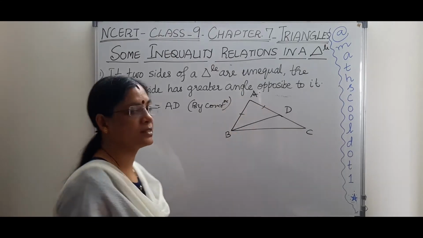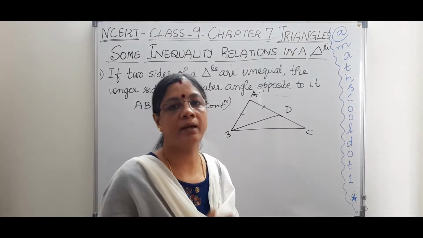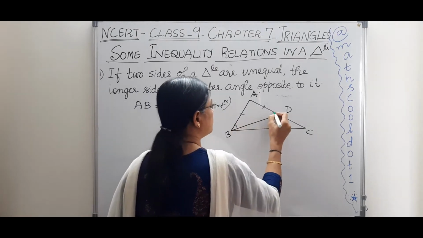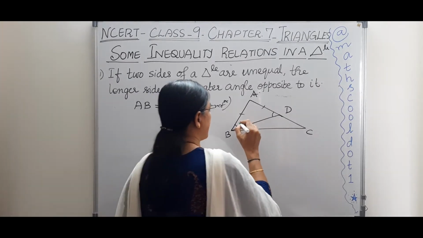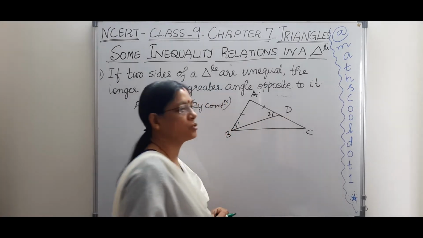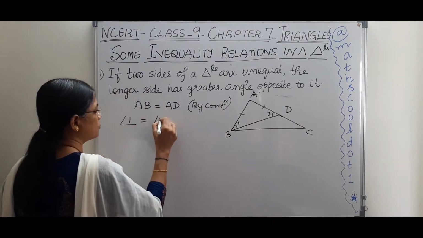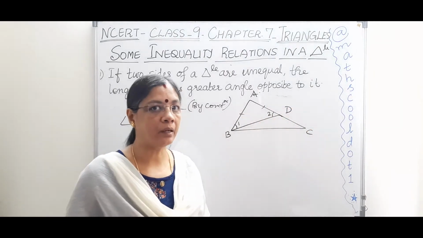We already know that if two sides are equal, then the angles opposite to those sides are equal. So I name these two angles 1 and 2. Angles 1 and 2 are equal because the sides opposite to them are equal.